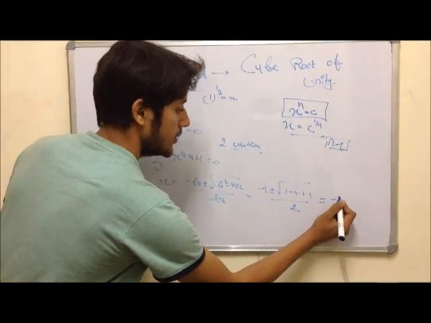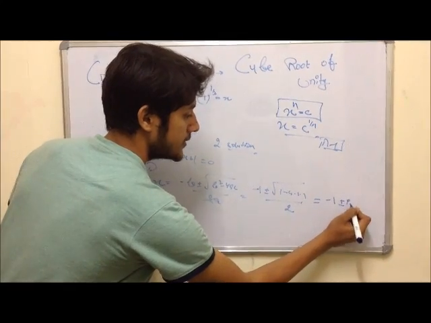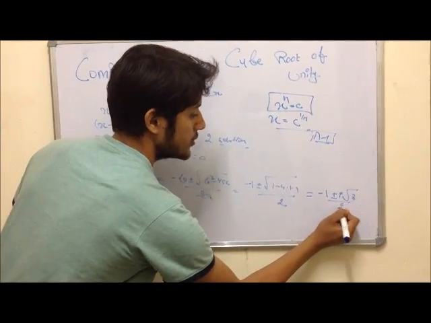This will turn into minus 1 plus minus iota root 3 by 2.